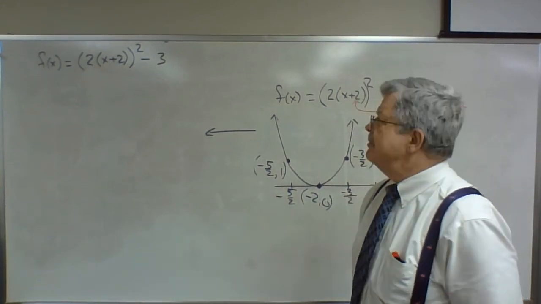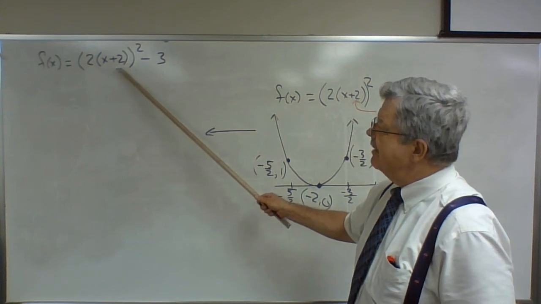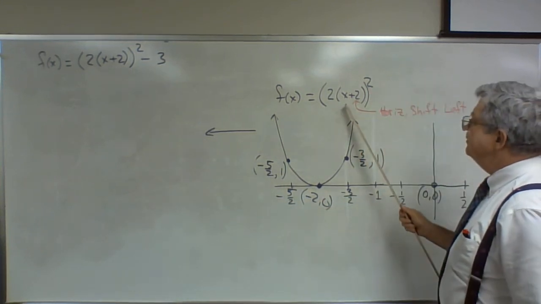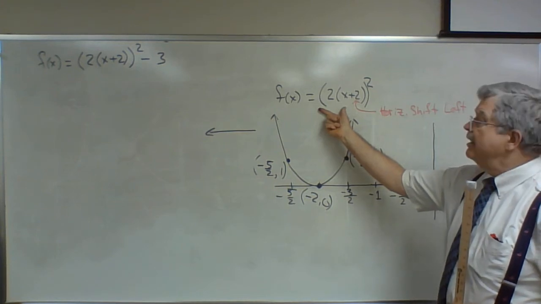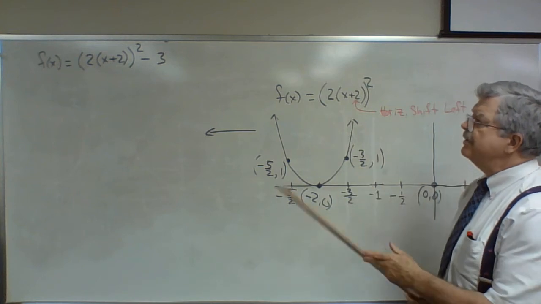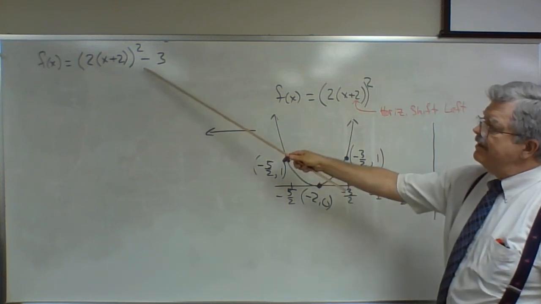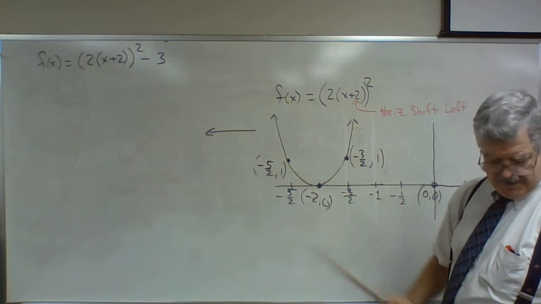One last item of business. This is what we wanted to draw the graph of. This is the thing that we graphed most recently. The only thing we have to do to the graph of this function to get the graph of that function is account for the vertical shift.